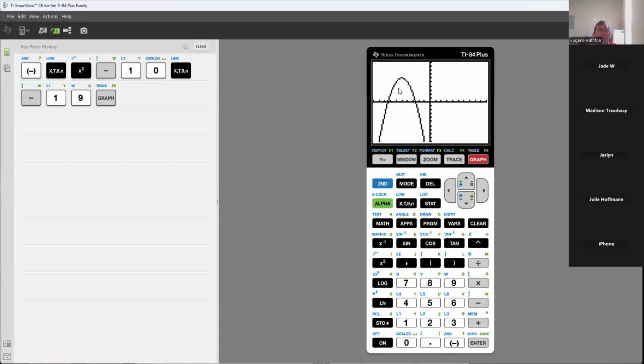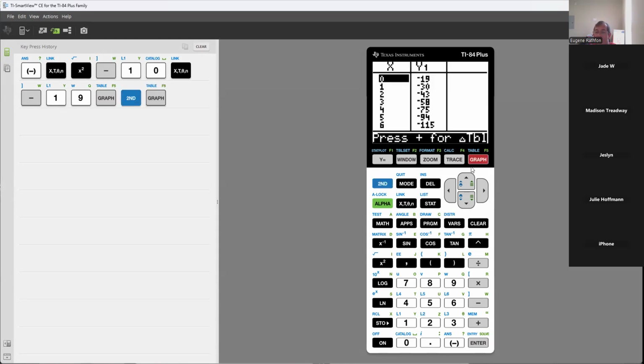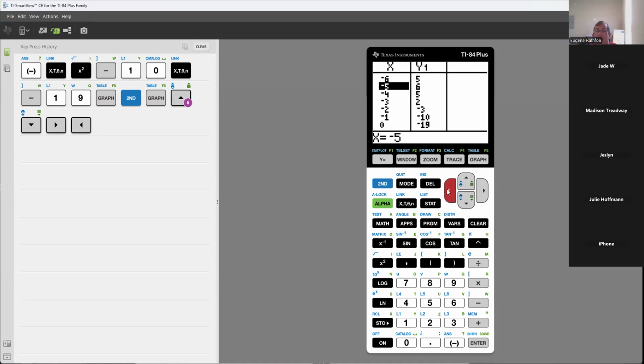All right, so we know what it's going to look like. So let me get that other point. Second graph to get my table. Now my vertex was up here at -5, 6. So I'm just going to go to the left of it. So there's -5, 6 right here. So my other point could either be -6, 5 if I wanted that one, or I could do -4, 5. Either one don't matter. Any point on here you could do for that second point, okay?